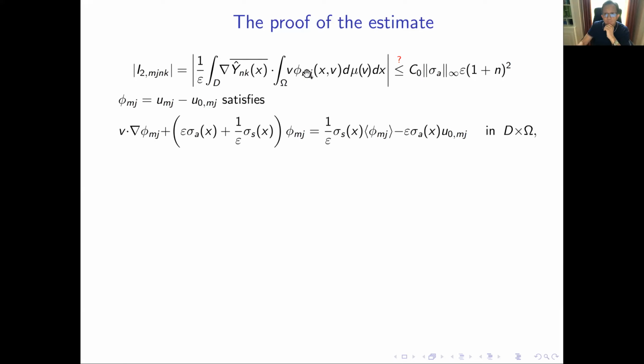It involves this, and you have to control this. So you want to show this. Here, the difference satisfies this equation, and you basically need to know what these terms look like because that's the source, and this source through the transport is affecting phi everywhere. So you really have to control phi through control of this.